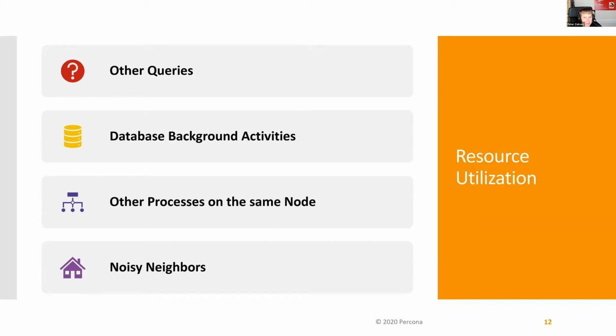Or it may need to do some other activities internally, right, like the checkpoint and so on, which can take resources while they are not correlated to specific queries. You also may have other processes running on the same system, on the same node, right? And it may be something database related, like, hey, I kicked off Percona XtraBackup and am running a backup right now, which takes a lot of disk resources, right, and some additional memory.